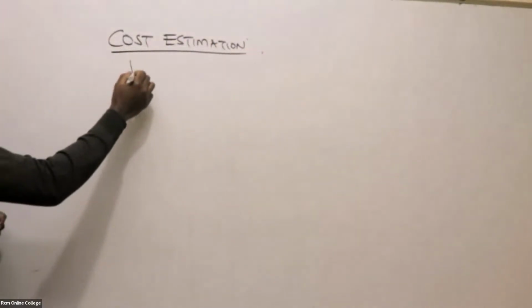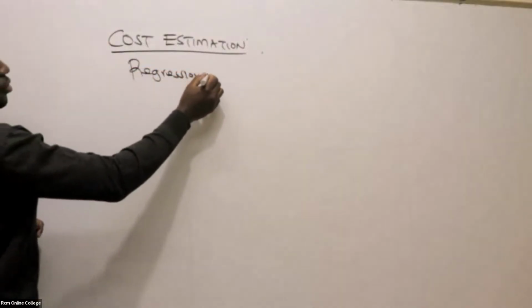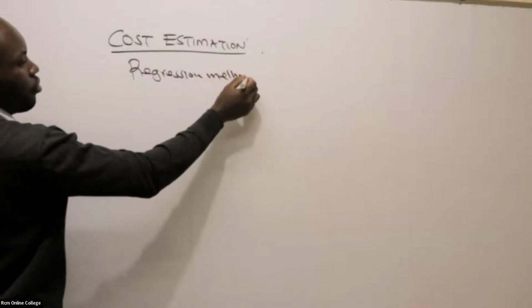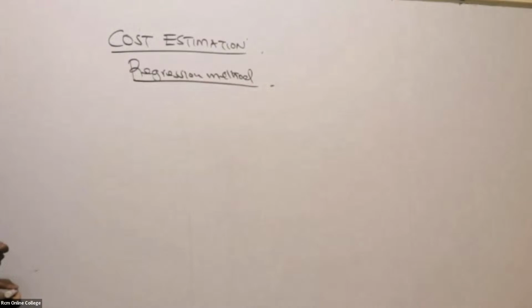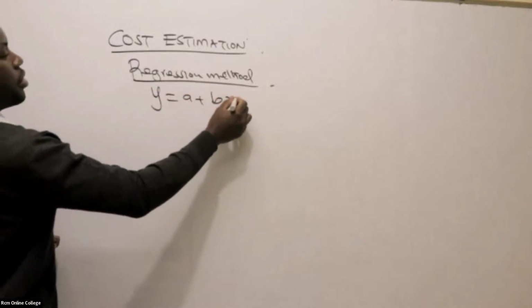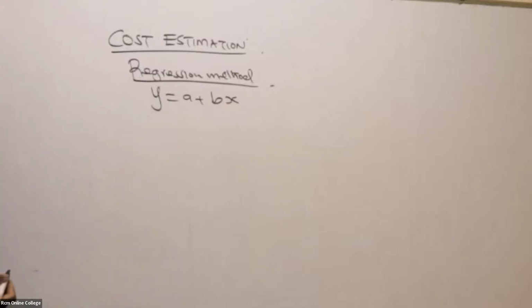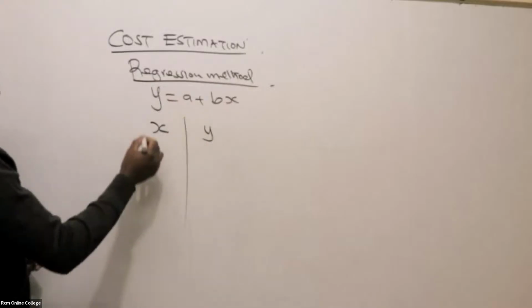And this key method called regression. Now, this regression method, if you are to use it to give us a cost function in the form of y is equal to a plus bx, maybe you'll be having x somewhere, you'll be having y somewhere here.